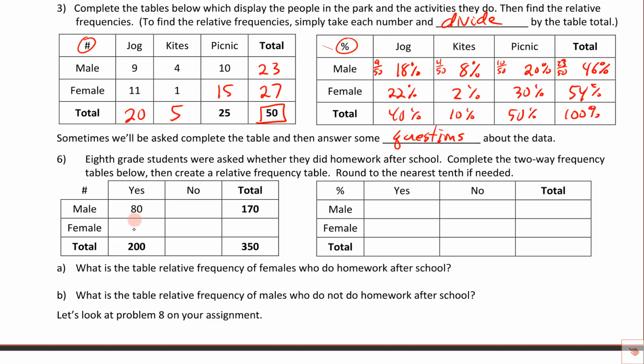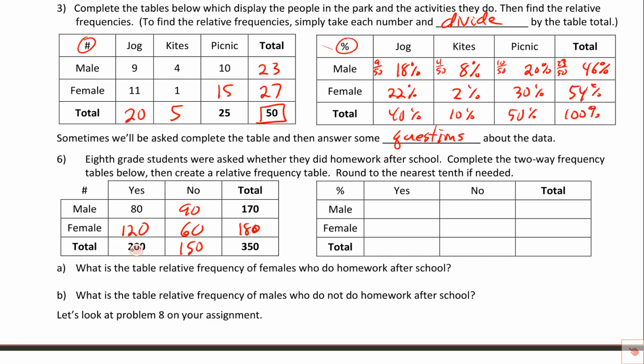If we do 200 minus 80, this would be 120. 350 minus 170 would be 180. Again, you can grab your calculator anytime you need to. And then here, 170 minus 80, this would be 90. 180 minus 120 would be 60. And if we add these together here, they add up to be 150.